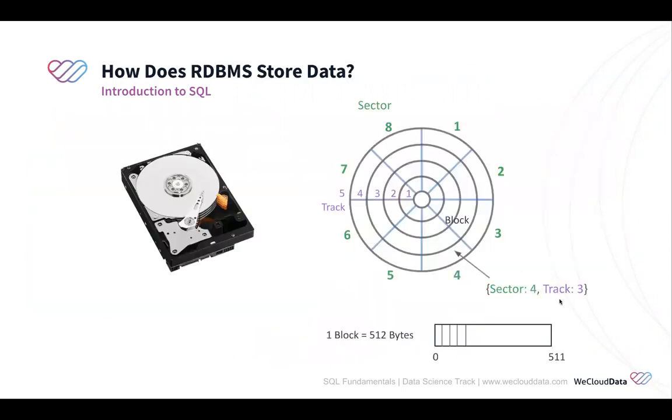Okay, so to understand that, I think first we need to understand how relational databases store data. Okay, I know nowadays we work with, this is the traditional hard disks, right? So it's like basically spinning disks, and it's easier to explain using the traditional hard drive, HDD. But if you open a hard drive, it basically looks like this, right?